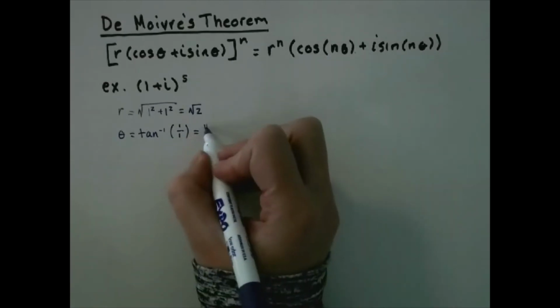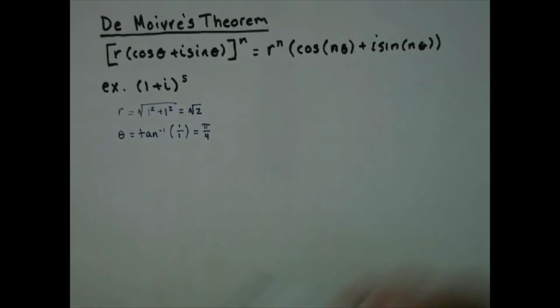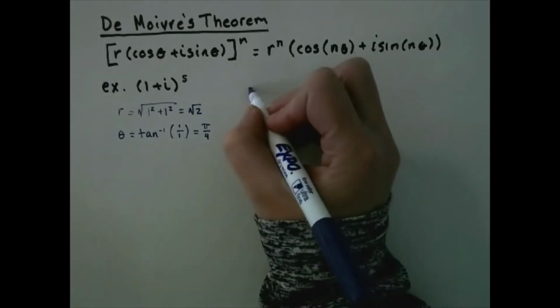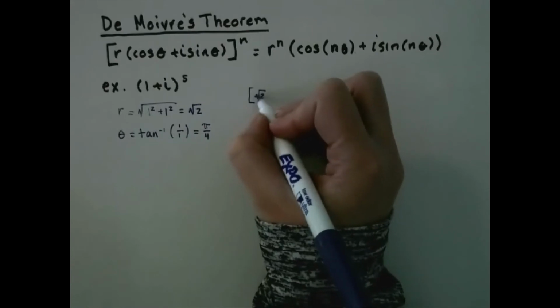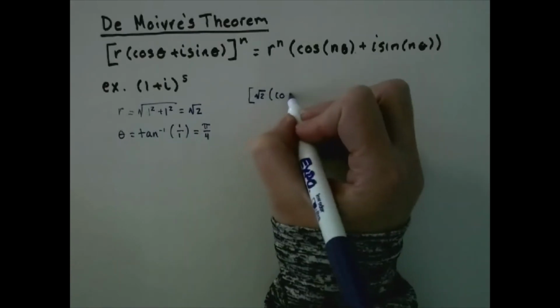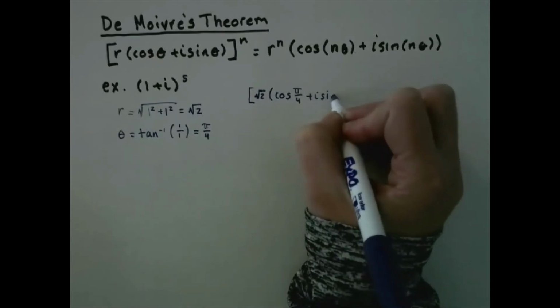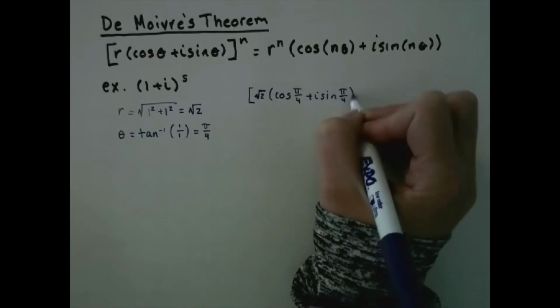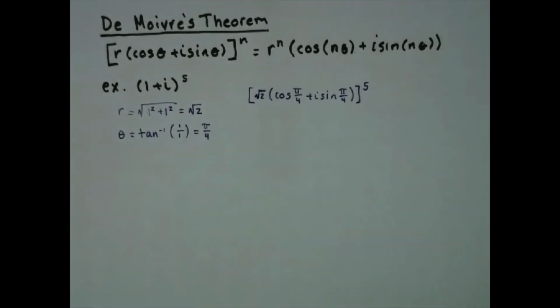And we're in the first quadrant, so this is going to be pi over 4. So my new problem is root 2 cosine pi over 4 plus i sine pi over 4. We're taking that and raising that to the 5th power.